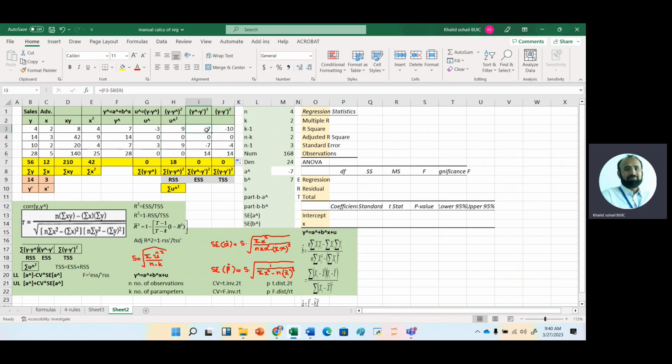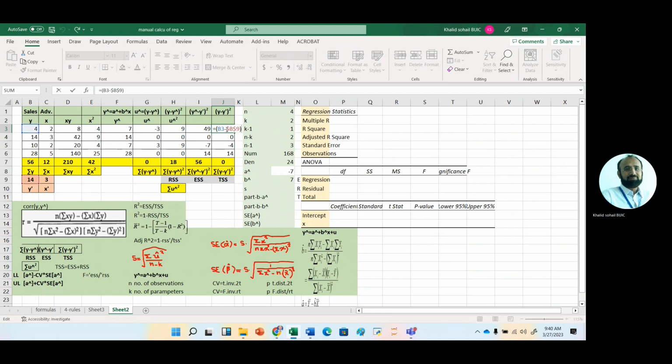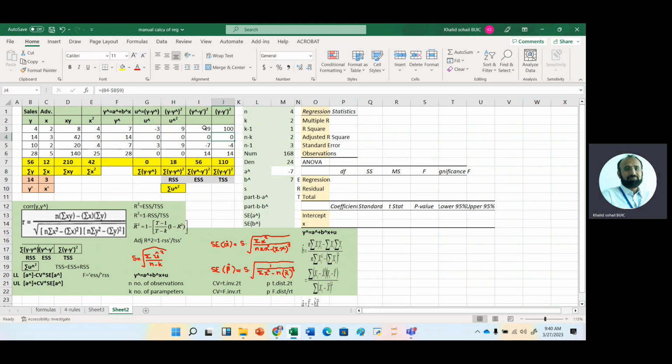Now look at the formula. Just take its square, power 2, and again copy it here, power 2. And then again copy it down so that we can get the correct result. Now our RSS is 18, our ESS is 294, and our TSS is 312.